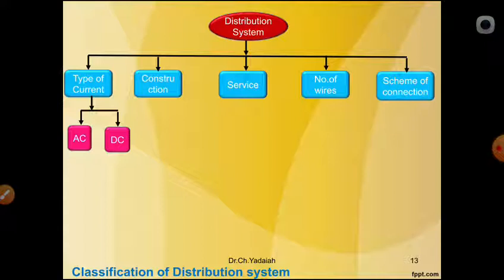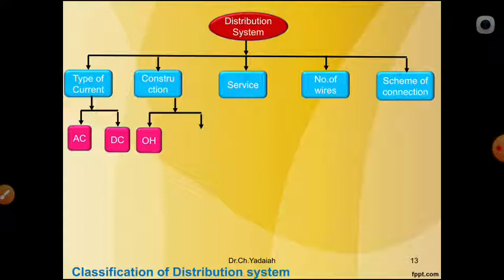Majority of the LT lines and HT lines we see outside, except HVDC lines, are alternating current transmission and distribution lines.